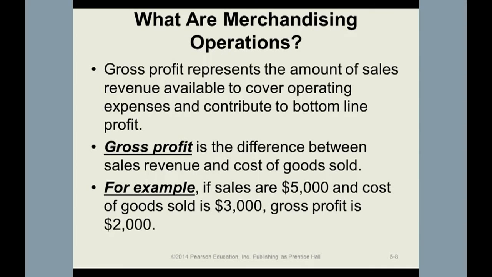So let's say operating expenses are $500. Now you have net income of $1,005. So the gross profit is one of the more significant measures of income because it allows you to determine if you could cover your operating expenses.